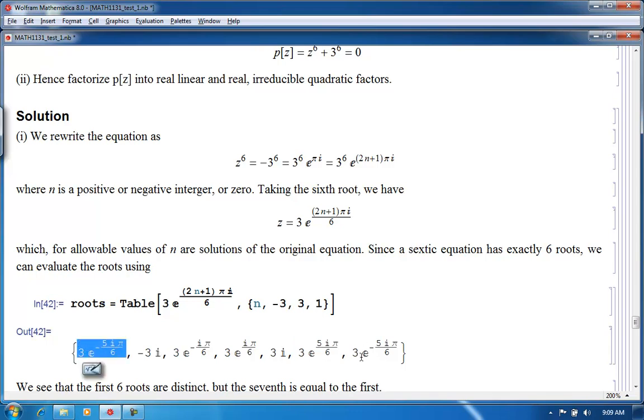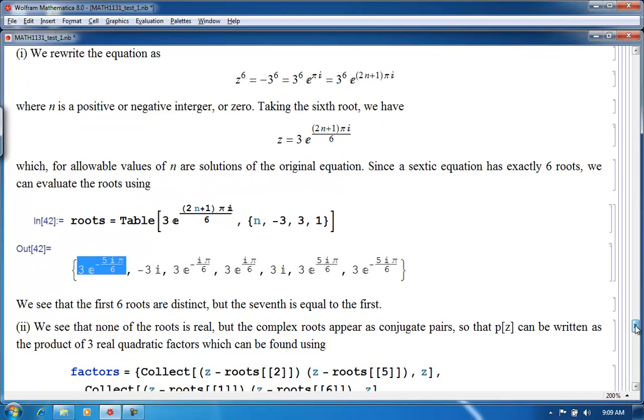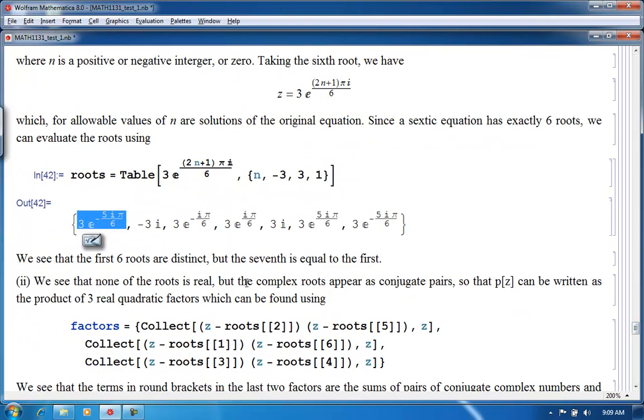And we see that the 7th value repeats the first value. So we've found 6 roots, and we don't need to find any more. So anyway, if we look at these, we can see none of these roots are real.